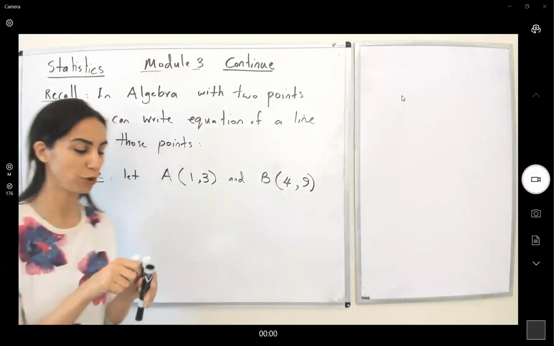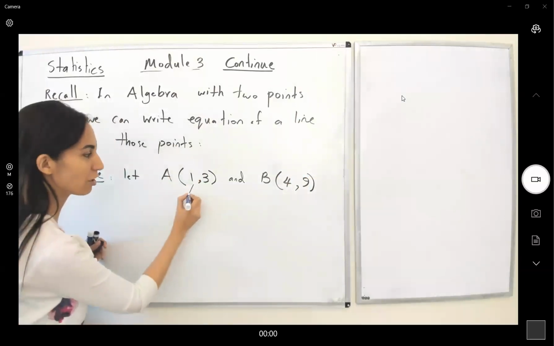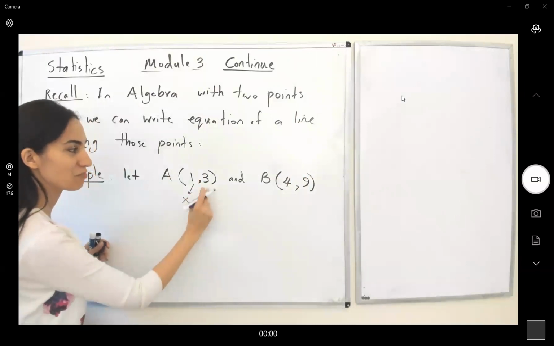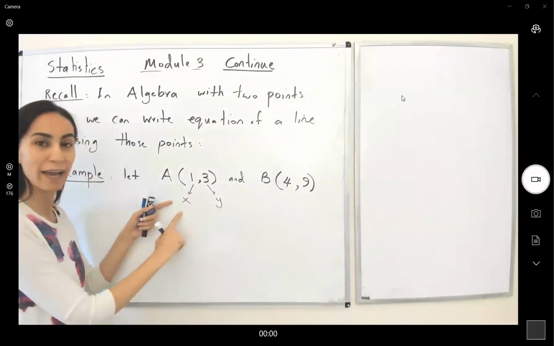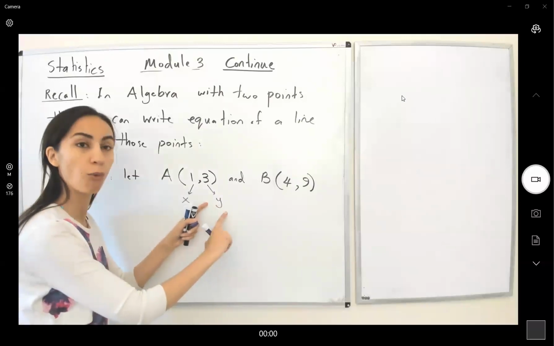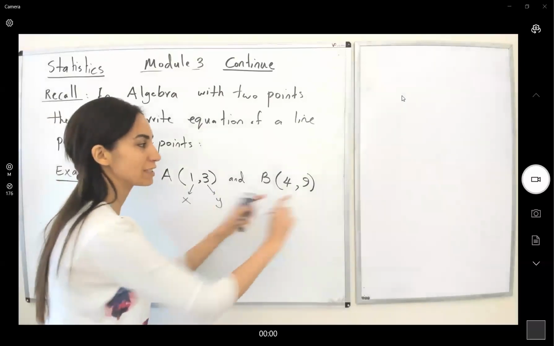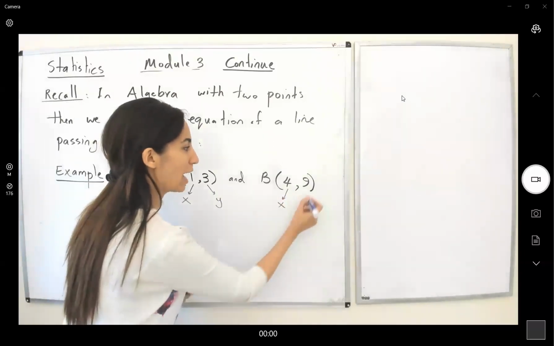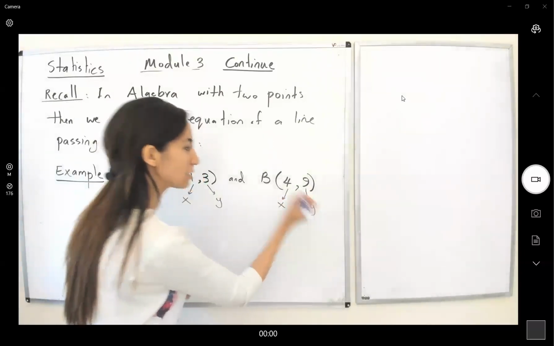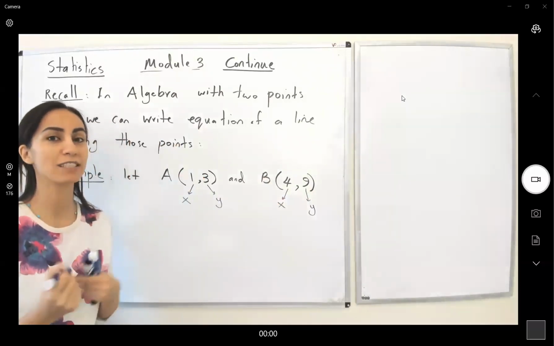We have 2 points. For the first point A, the first coordinate is the x coordinate and the second is the y coordinate. For the second point B, the first coordinate is 4 and the second coordinate is 9. What is our goal?